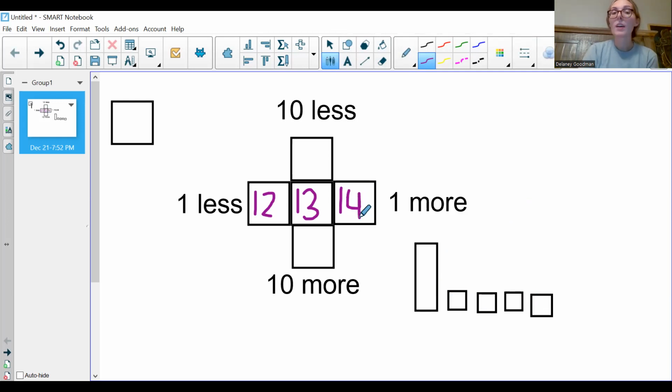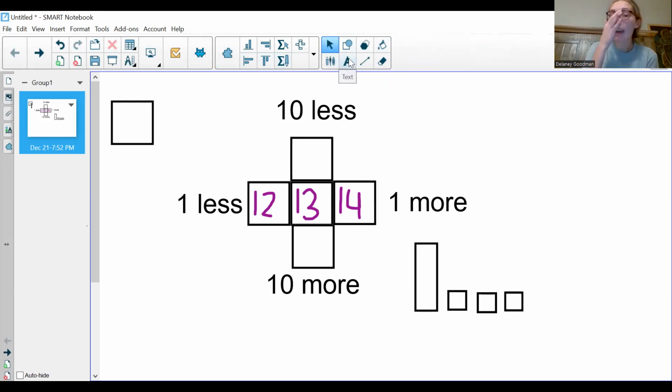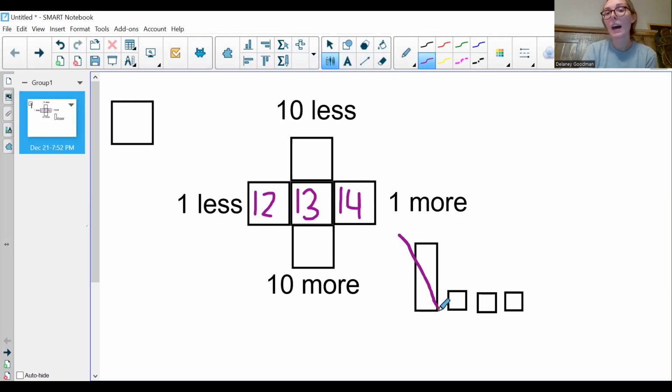Okay. Now I need to find 10 more and 10 less. So instead of adding a 1, I can add a 10 to find 10 more. And I can take away a 10 to find 10 less. So let's start with taking away a 10. So for 10 less, I'm going to take it away. Now I'm going to count.